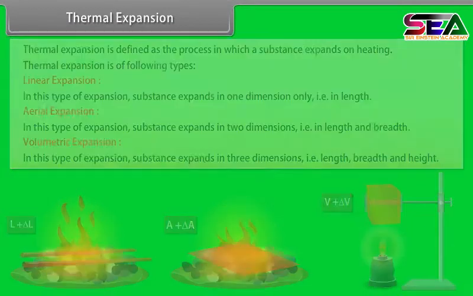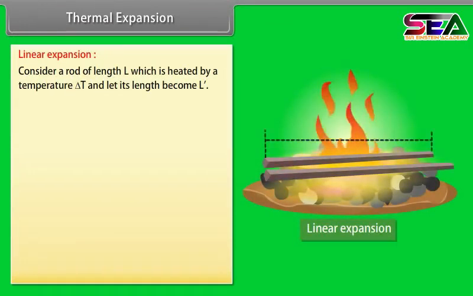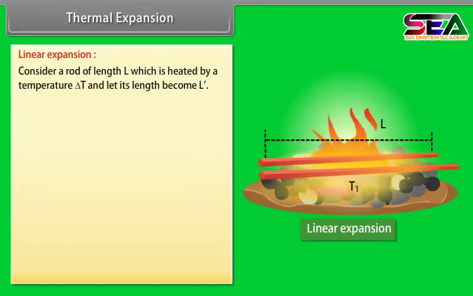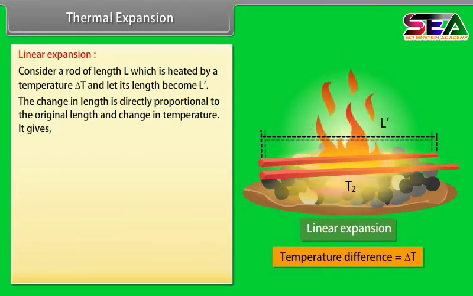Linear expansion. Consider a rod of length L, which is heated by a temperature ΔT, and let its length become L'. The change in length is directly proportional to the original length and the change in temperature.